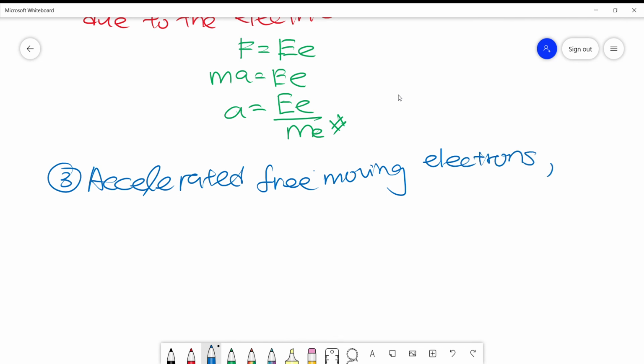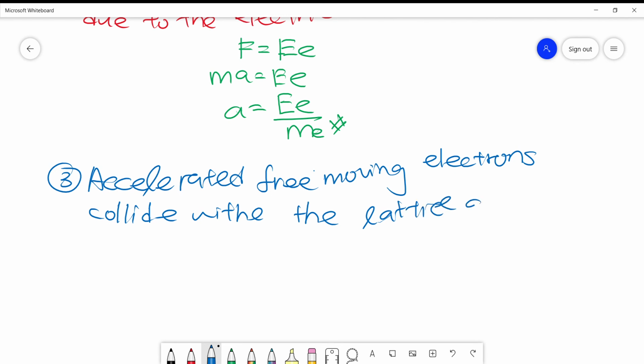So accelerated free moving electrons will then collide with the lattice atoms. So consider this one is the atoms or the ions.